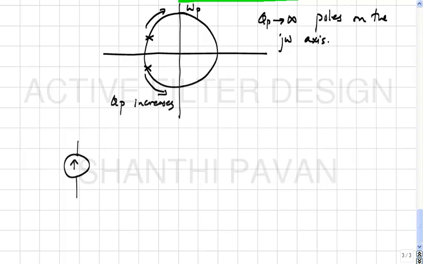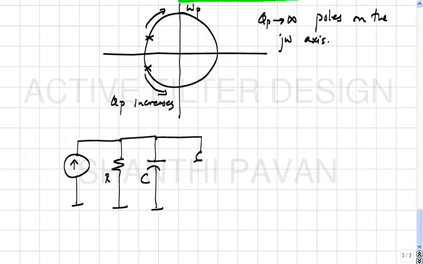So, let us get back. This is R, this is C, and this is L. Now, I want to replace L with control sources and capacitors. So, what should I do?